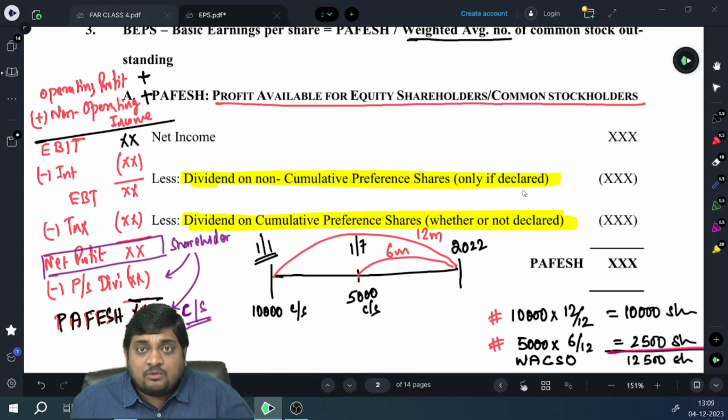When we do actual accounting, we only subtract when it is declared.